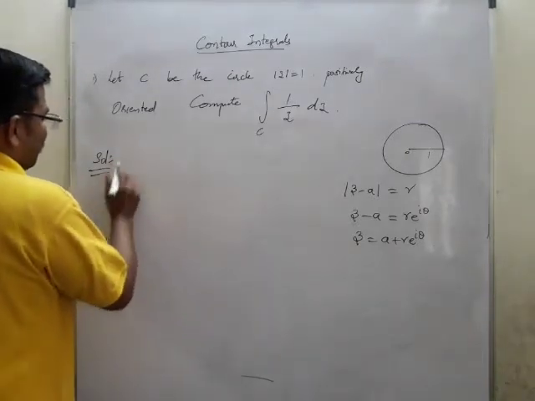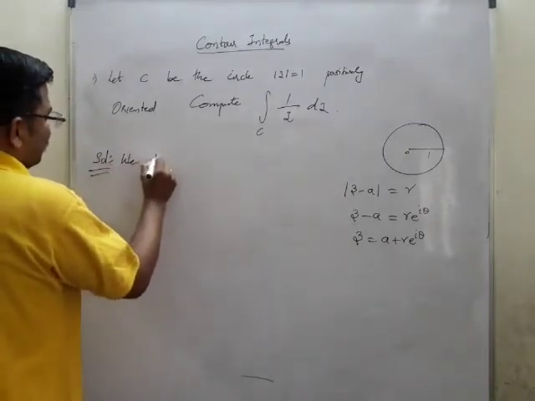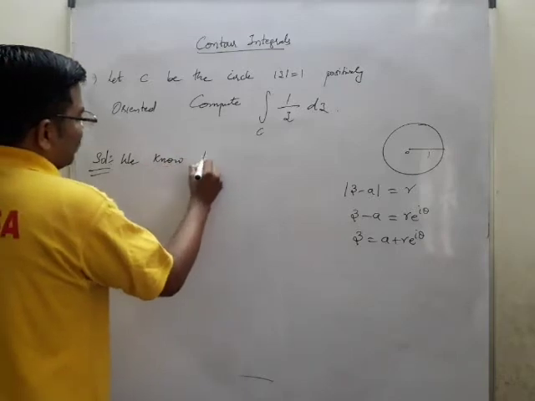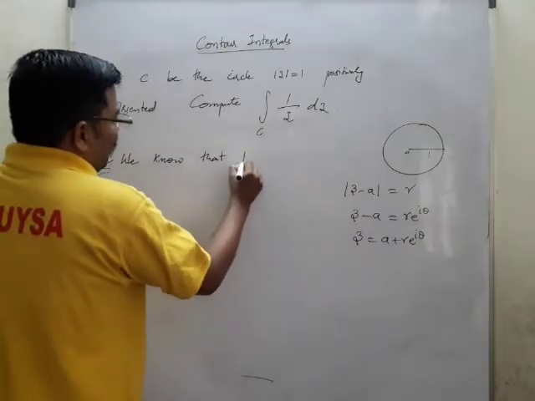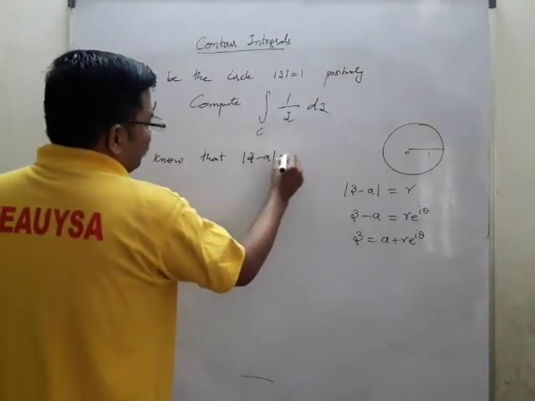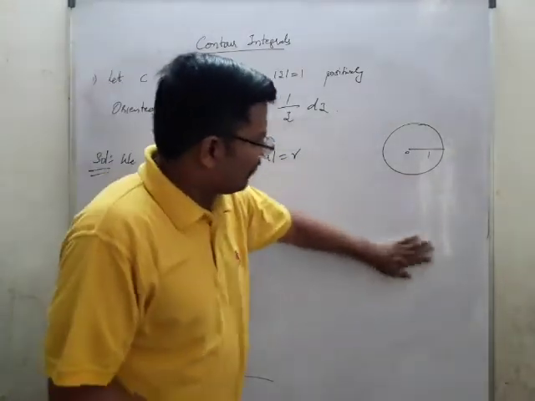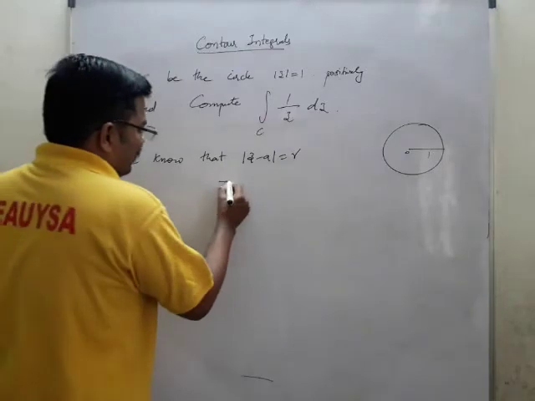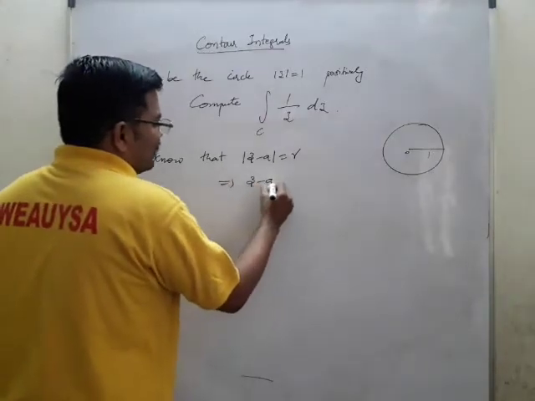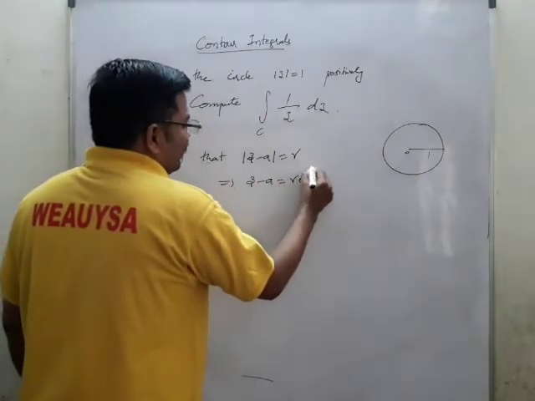First I will write that we know mod z minus a is equal to r. That implies z minus a is equal to r e power i theta.